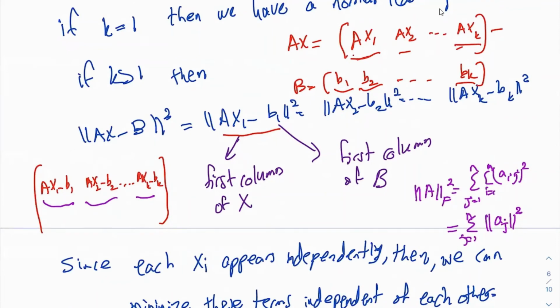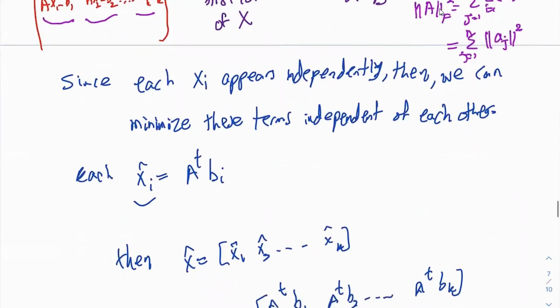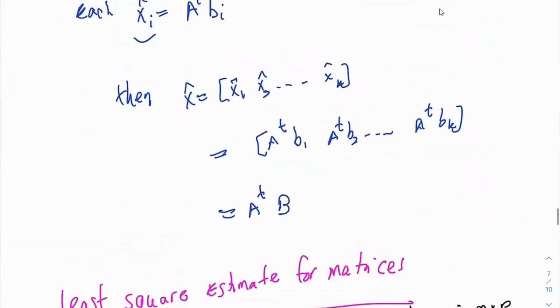The second term, x2, only appears in one term, and the same for x2 all the way to xk. So each term can be minimized separately, independent from the other terms, right? And that's what I said. So xi hat is equal to A pseudo inverse times bi, right? So that's what's going to happen.